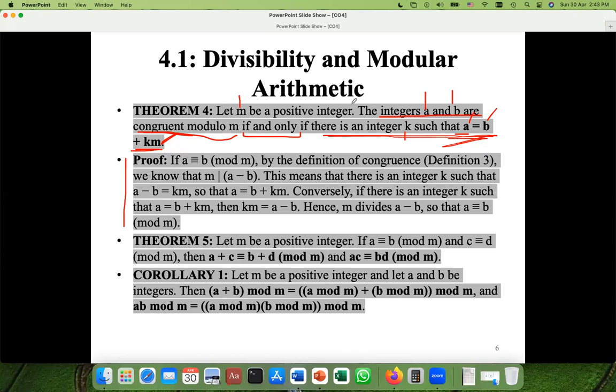So now what is in this theorem statement? The left hand side is saying A congruent to B mod M, if and only if, double implication, A is equal to B plus Km.